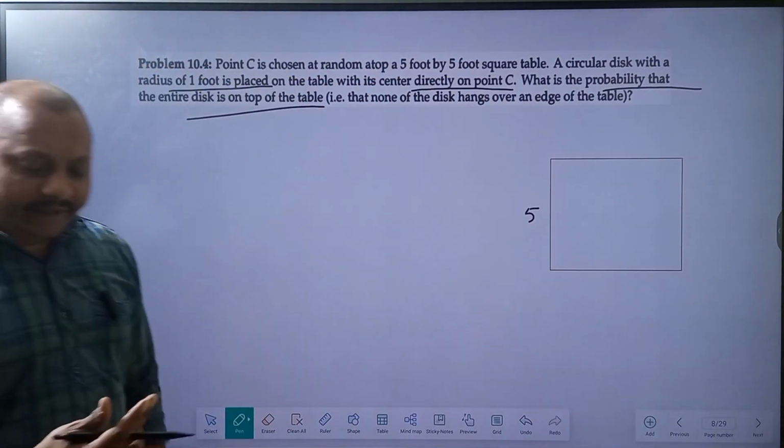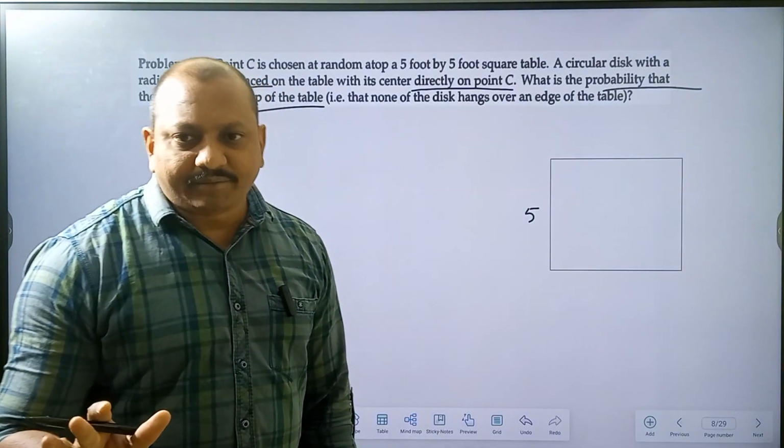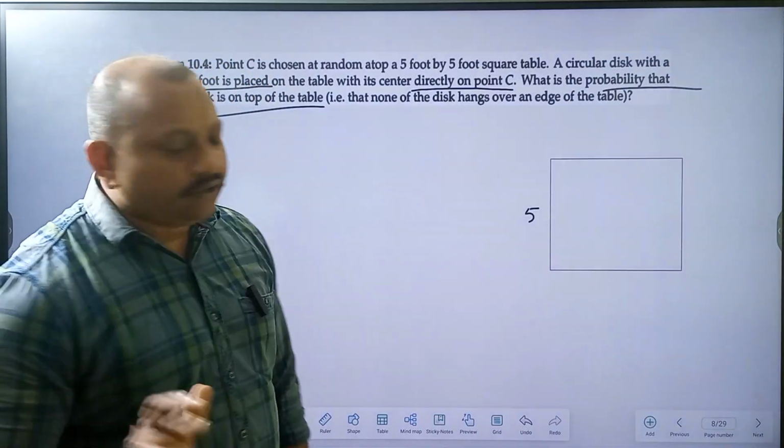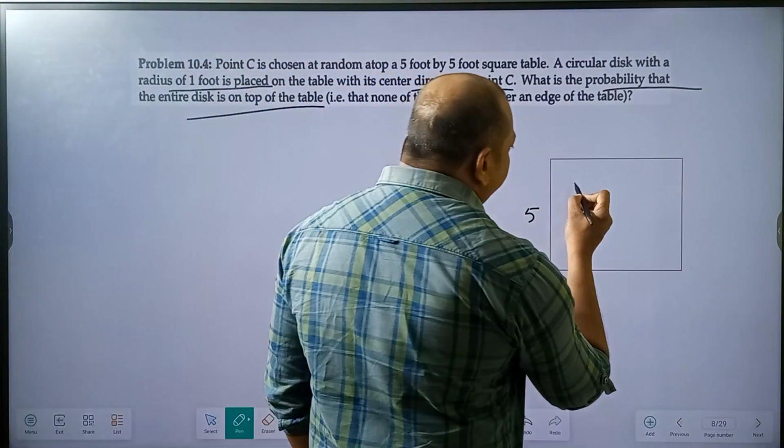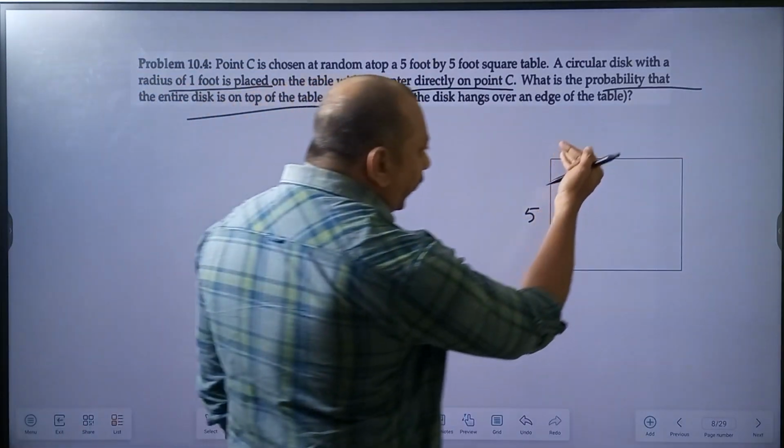The radius of the disc is 1 unit. So where should the center be?